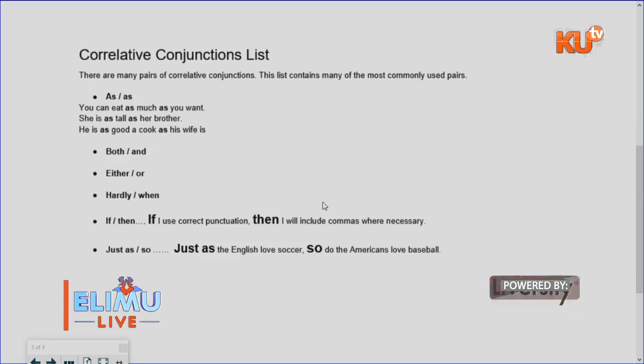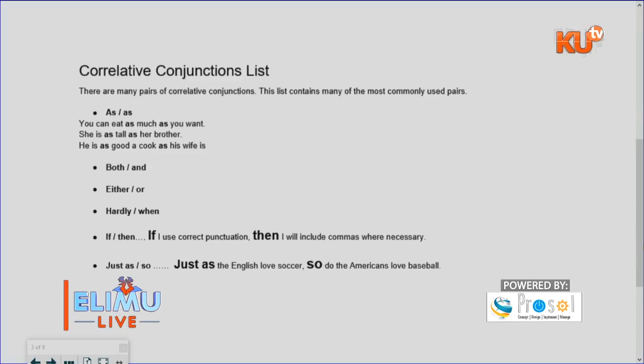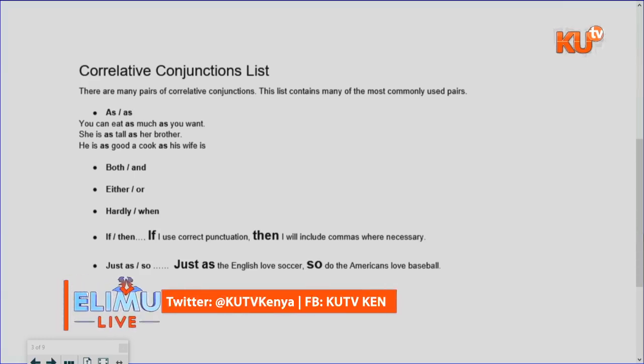So an example is I have been to both Paris and London. You can also say my mother bought me both shoes and a dress for my birthday.